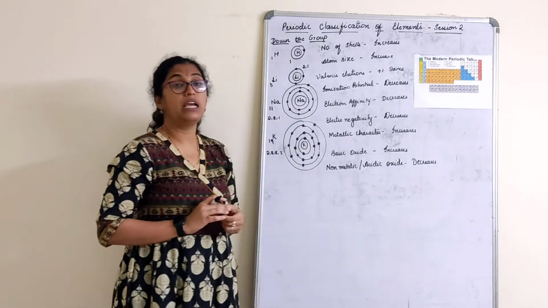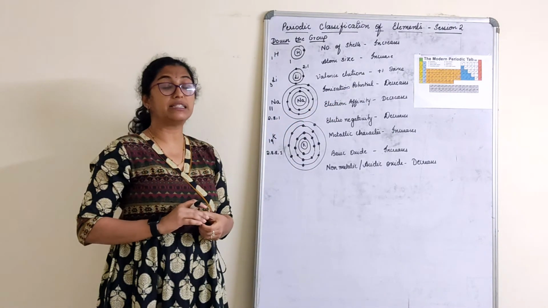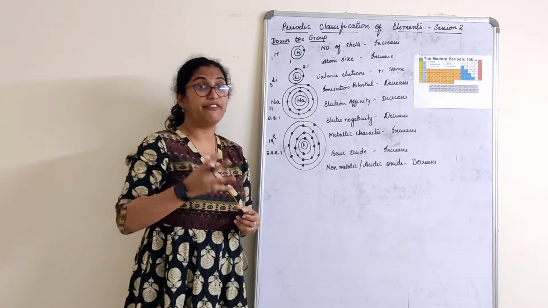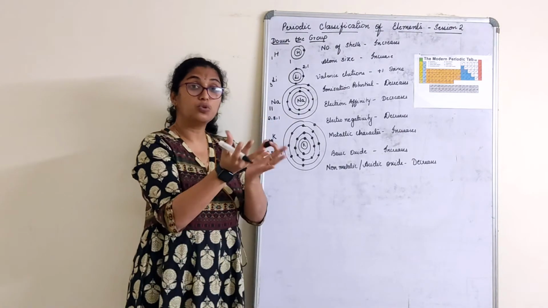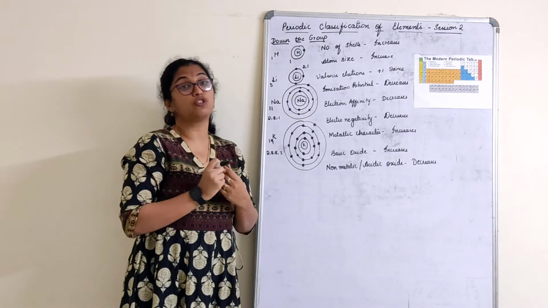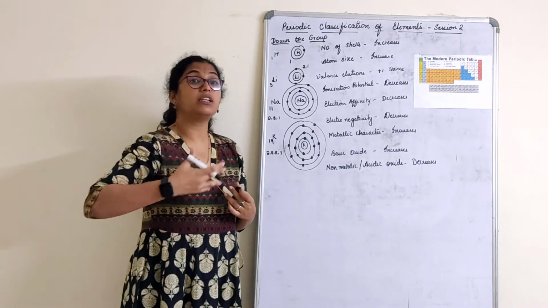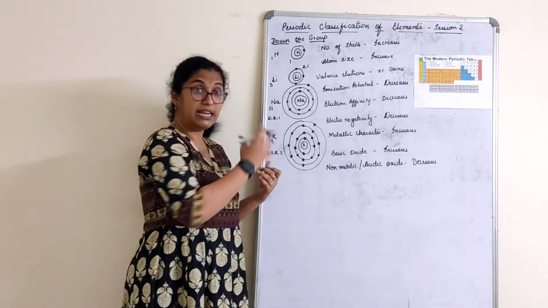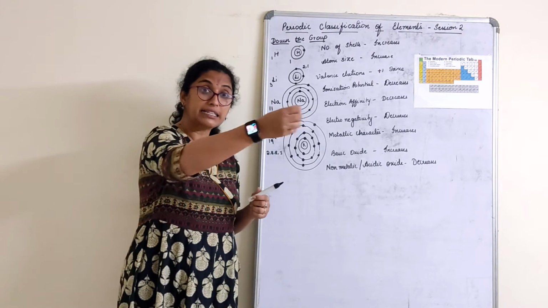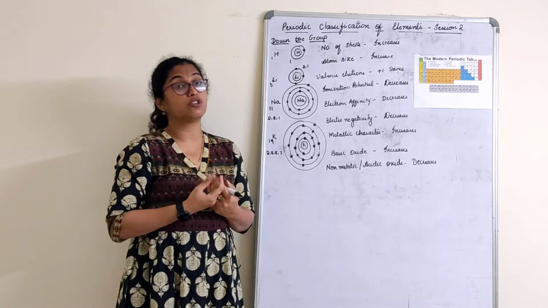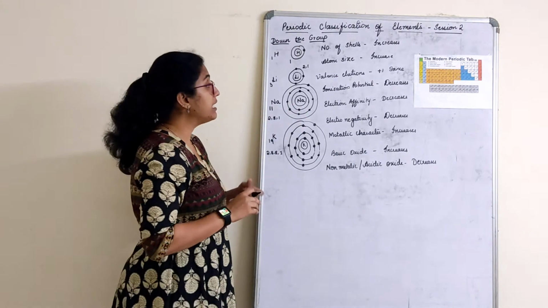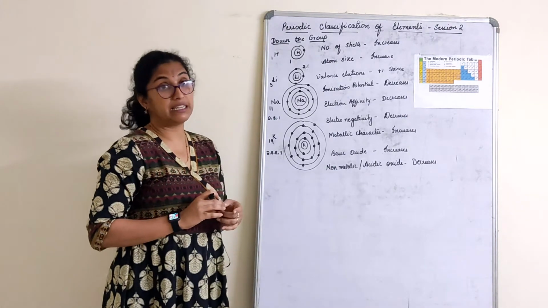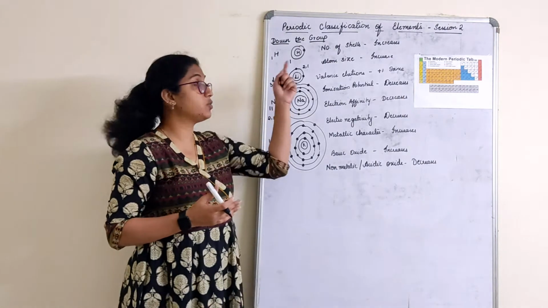Ionization potential. Ionization potential is the energy of an atom here to pull the electrons to itself, or the energy released by the element or the atom, so that it can capture or pull the electron towards itself. So electron affinity of course decreases. Again the same thing I can correlate.